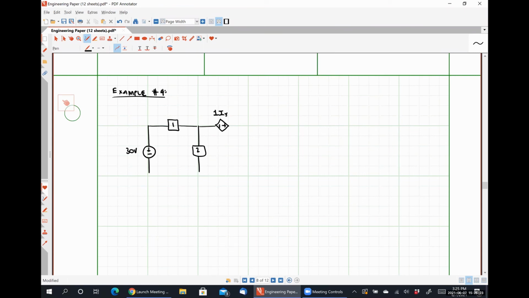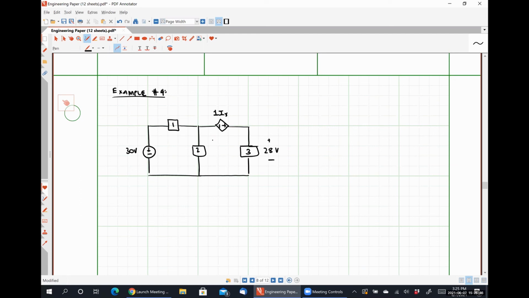I have a dependent source. And here's some other information that's provided to us. The voltage drop over element 3 is 28 volts, positive polarity on top, negative polarity on bottom.